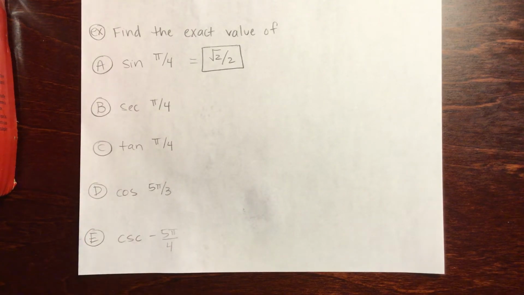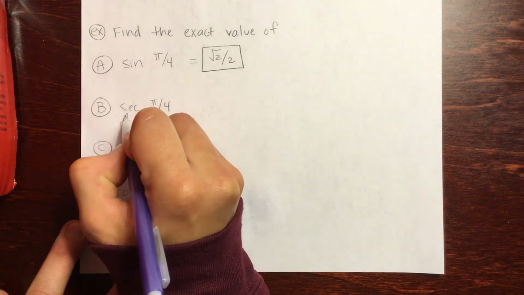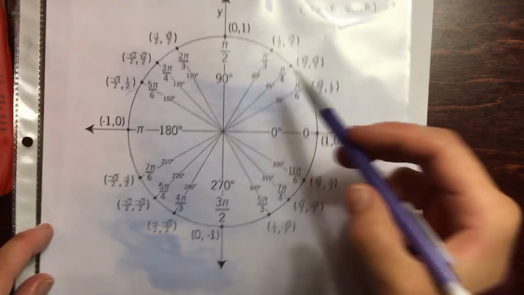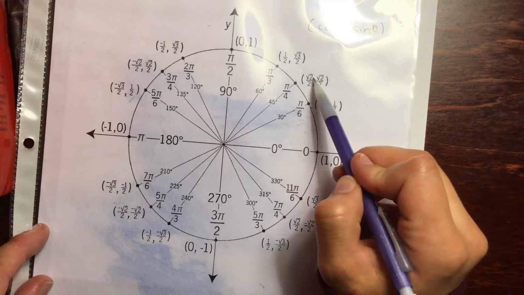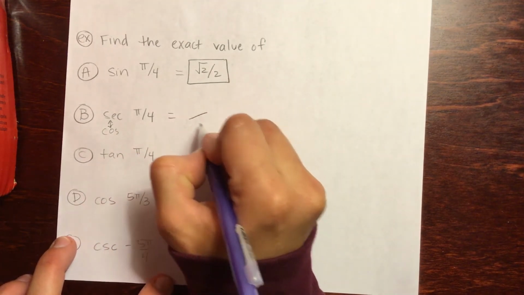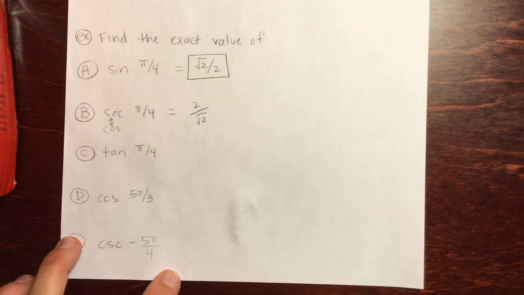All right, what about if I ask you for secant pi over 4? Remember, secant is the reciprocal of cosine. So secant and cosine go together. So I'm looking at pi over 4 again, and this time, the cosine piece is square root 2 over 2. Well, secant is the reciprocal of cosine, so I can't write square root 2 over 2. I have to flip that fraction.